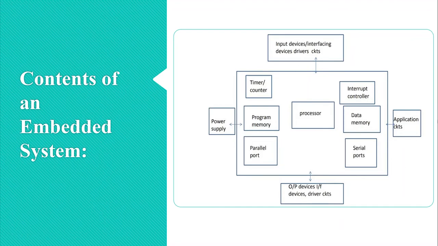Input senses the inputs, drivers give it to the processor, and the processor with the help of the peripherals will perform the dedicated operations and give it to the output. The output device will collect it and give it to the resources.